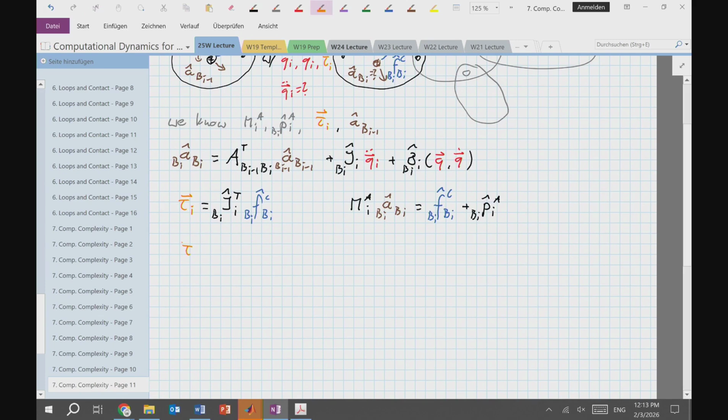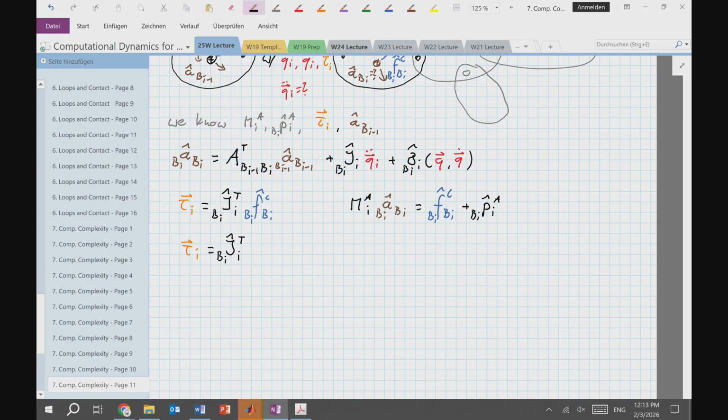So tau I is going to be, well, this here. So it's going to be J I hat transposed in BI coordinates times this constraint force, which I will get from this equation here.